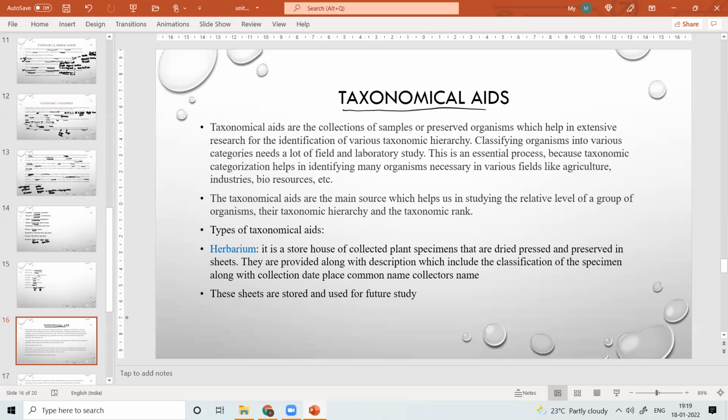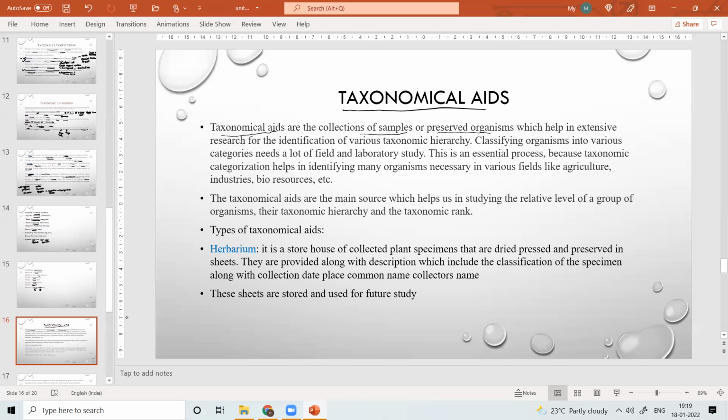So basically, taxonomical aids are nothing but the different systems that are able to collect the samples and preserve them so that we can study them. So here, taxonomical aids are the collections of samples.